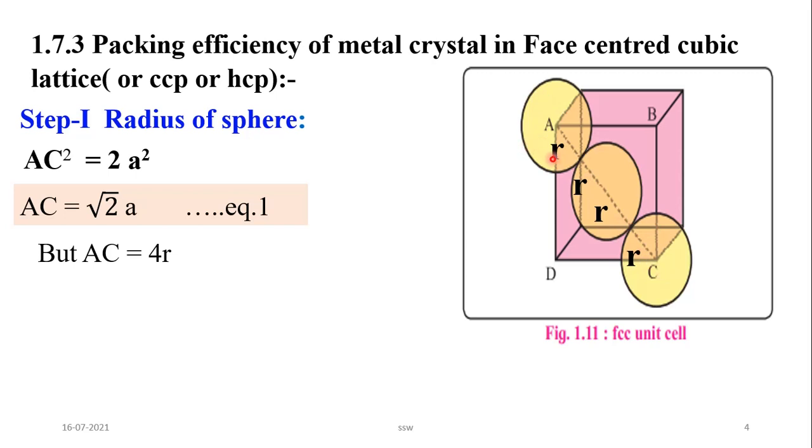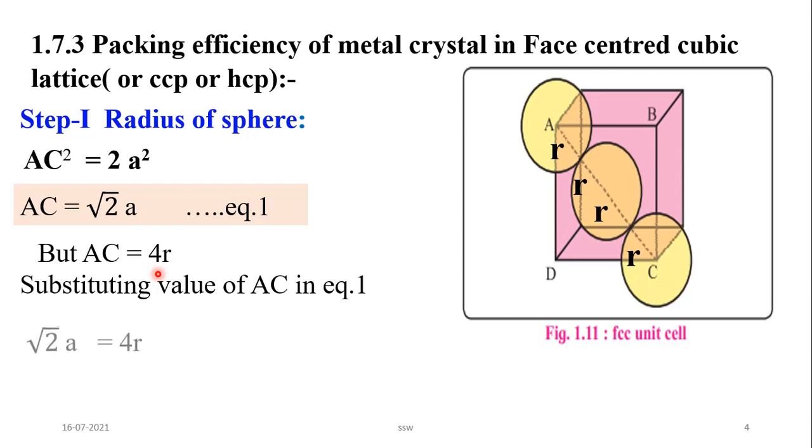Therefore the radius of all these spheres is the same, and therefore AC is equal to what? r plus r plus r plus r, that is equal to 4r. If you substitute this value of AC in the above equation, we get what? Root 2 into a is equal to 4r.